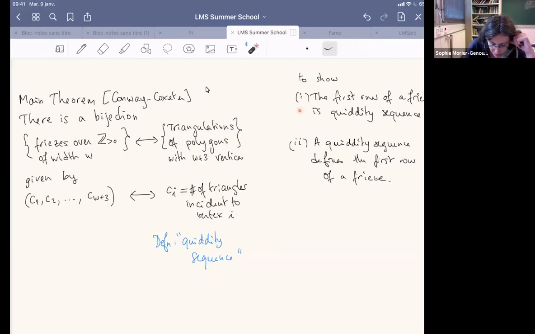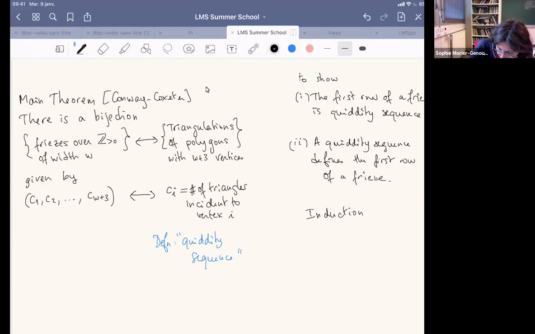Now for the proof, I can work up to circular permutation. This is periodic, so I will choose a cycle and show that this is a quiddity sequence. And sometimes I will maybe choose a particular cycle just to make things easier. That's how we will proceed: we will proceed by induction.